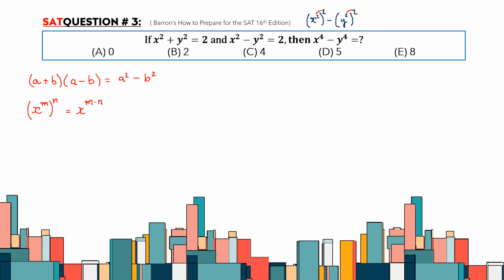Now we notice that if we set a equal x squared, so we have a here, and if we set b equal y squared, we'll have b right here. Also we have a right here and b right here.